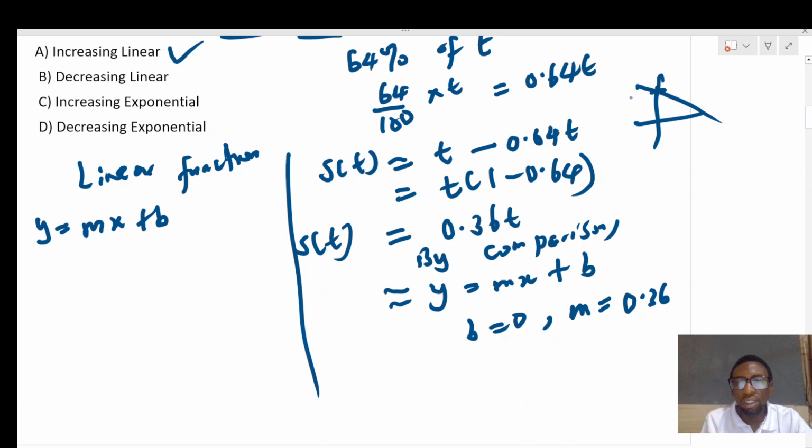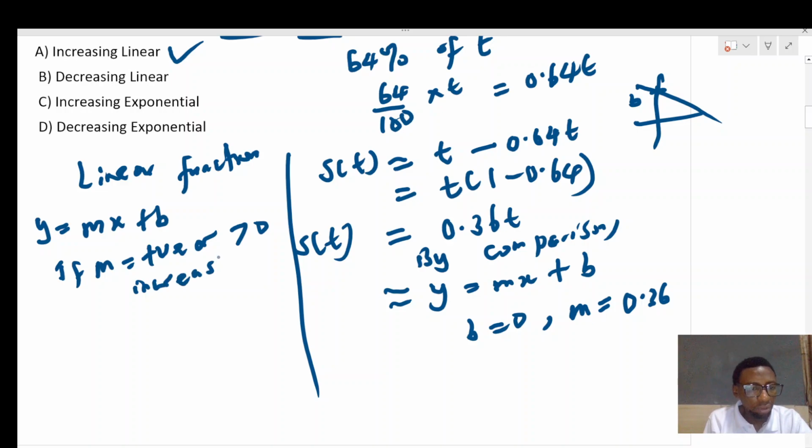So the b can be positive or negative, it depends. If m is positive, or greater than 0, it is increasing linear.